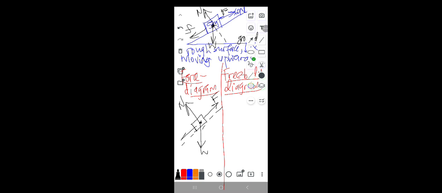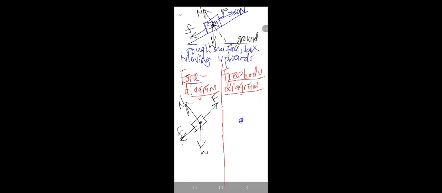Then there's friction. So make sure that when you're done drawing, you rub out those lines. Don't leave them. I hope you are paying attention. Now this is your diagram. I was using those lines so that you don't make a mistake. Thank you for that. Let's go to our free body diagram. We represent our object as a dot.